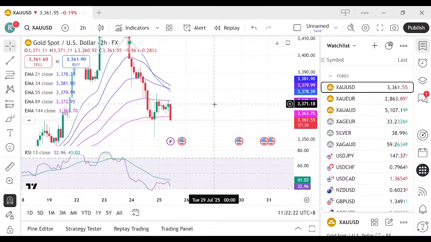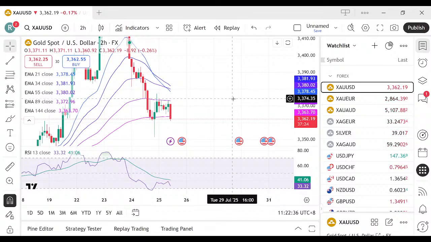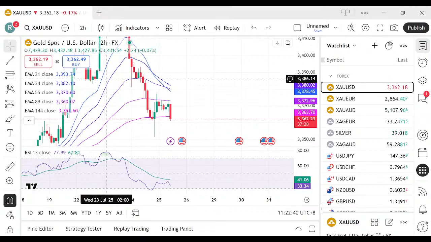So as far as the entry is concerned, we should be looking to sell at 66.70, and the stop above 77, or if the tight stop is about 74 half.